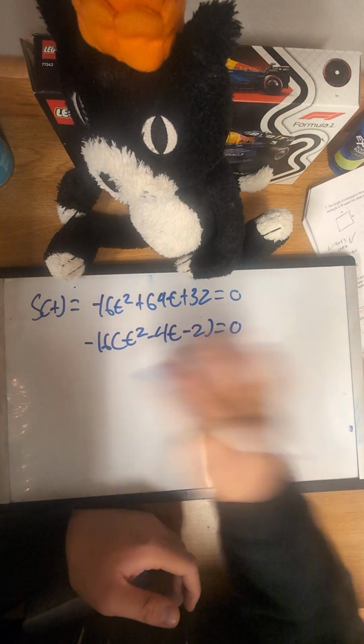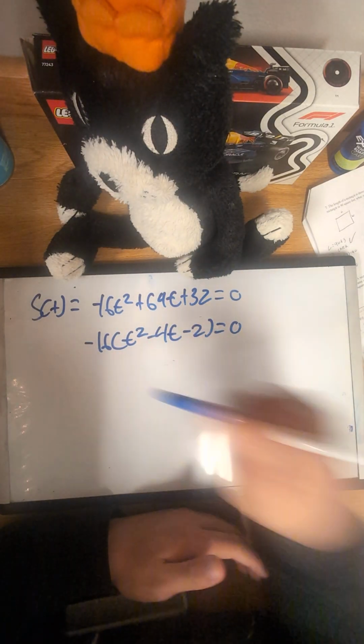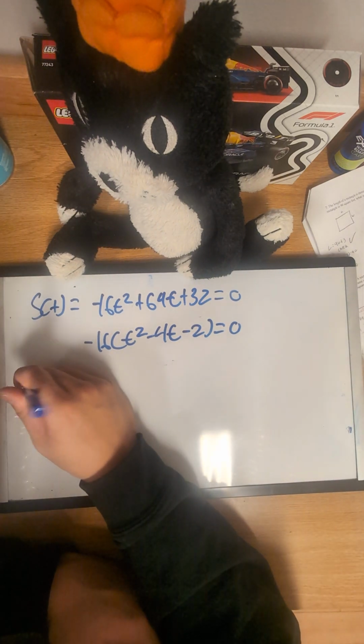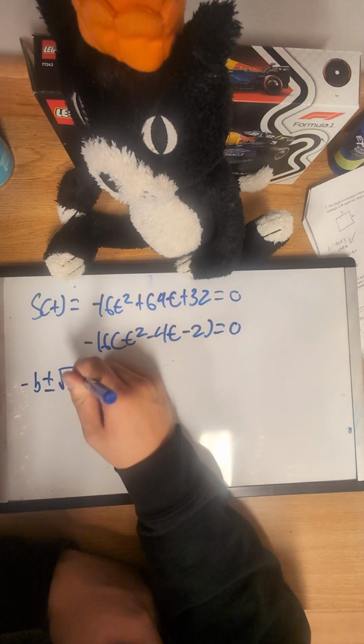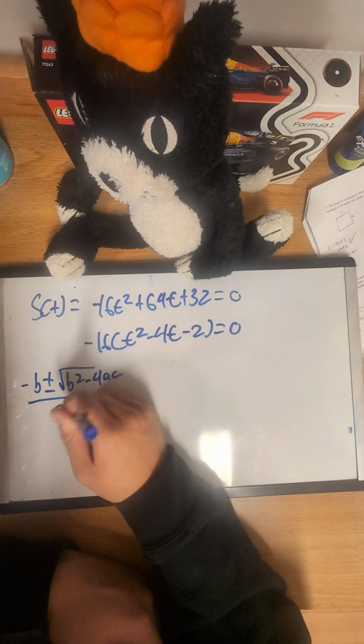We can go the direction of AC here, or we can plug in the quadratic formula now that we have easier numbers to work with. So we're going to do that. Negative b plus or minus the square root of b squared minus 4ac, all over 2a.